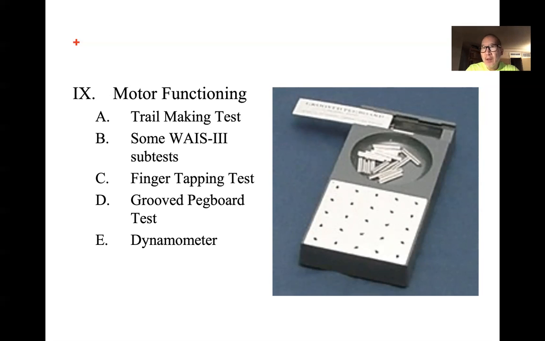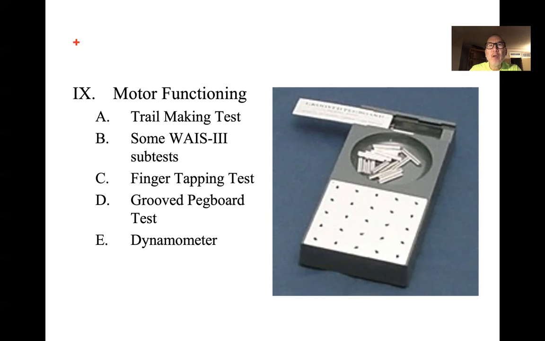Now, the finger tapping test, which we mentioned before when we were talking about the batteries, is a very simple test. All you have is a device, about maybe 6 inches in length, 2 inches in height, and it can look like a seesaw, but it basically looks like a Morse code tapping device. Here the person uses their finger, typically their forefinger, to tap this little switch as quickly as they can.